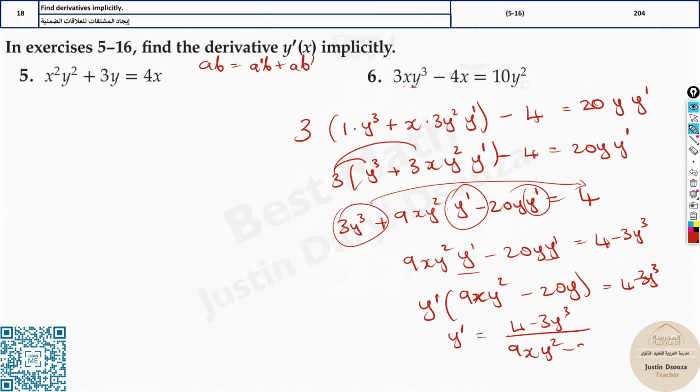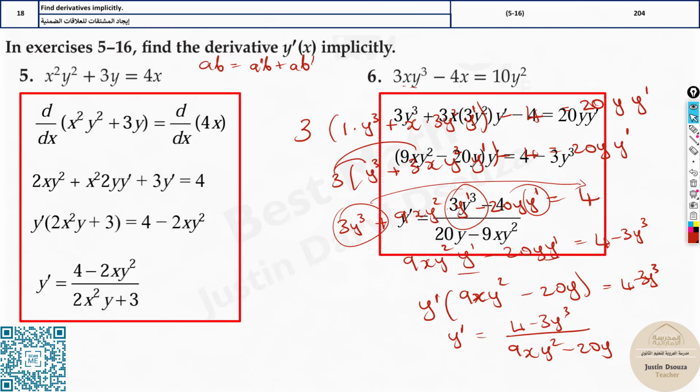So this would be the final answer in this particular problem. You do the derivative, which is very important, applying the rules and differentiating all the terms on both sides. Then you gather y prime to one side and everything else moves to the other side. That's it. So here we get the answer.